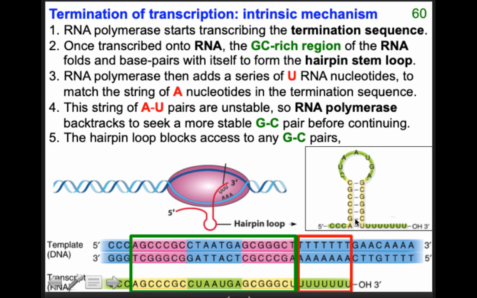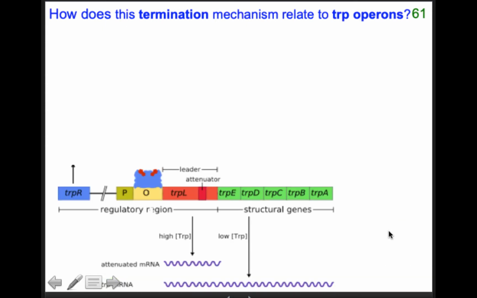It can't find a GC pairing. It's stuck among those A's and U's that are really unstable. Since it can't go backwards because it's blocked by the hairpin loop, and can't go forward because all the AUs are super unstable, it basically gives up, everything breaks apart, and transcription is terminated.